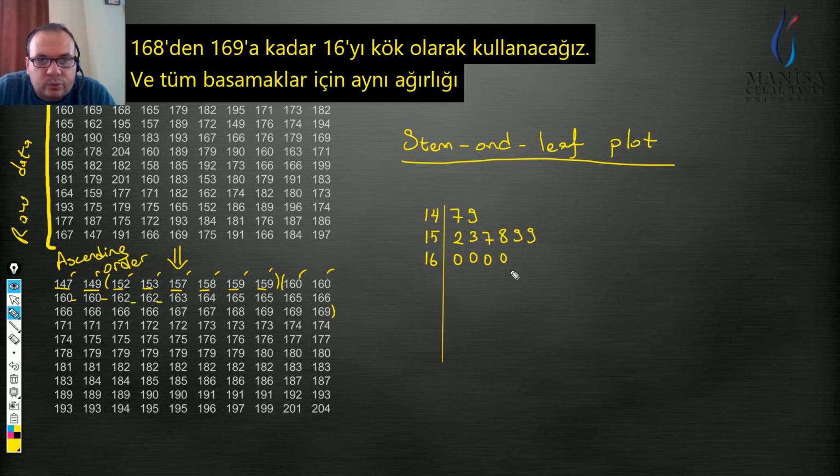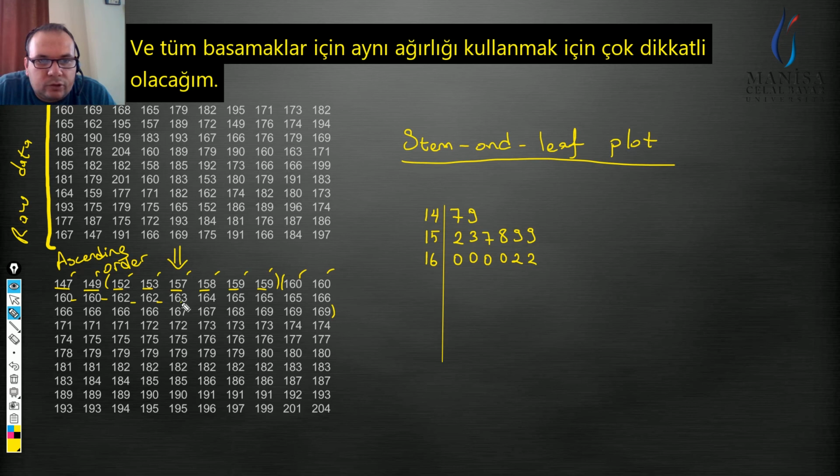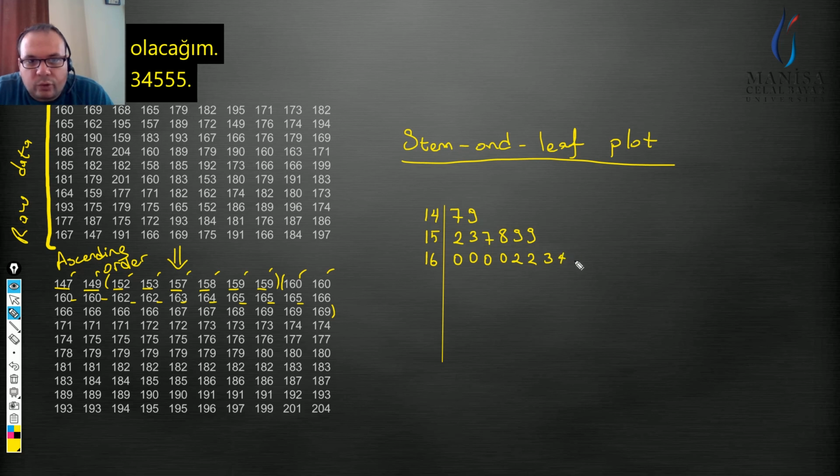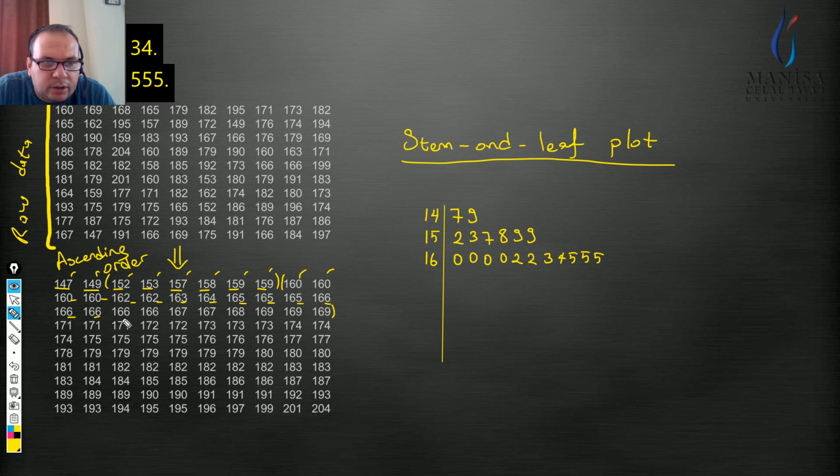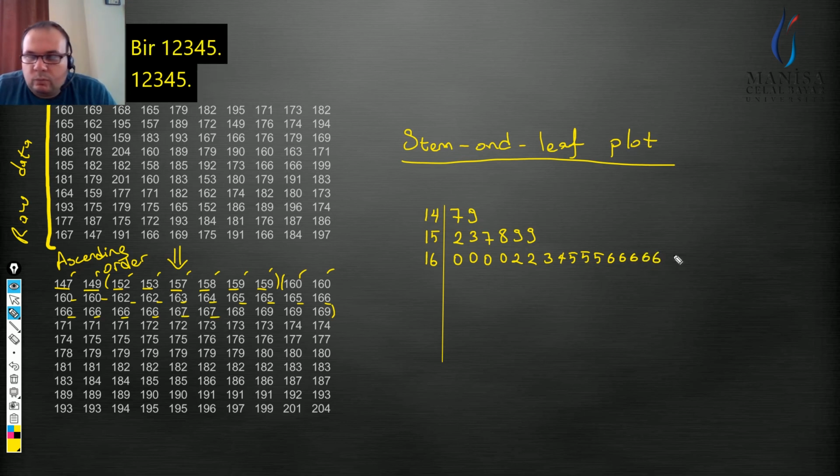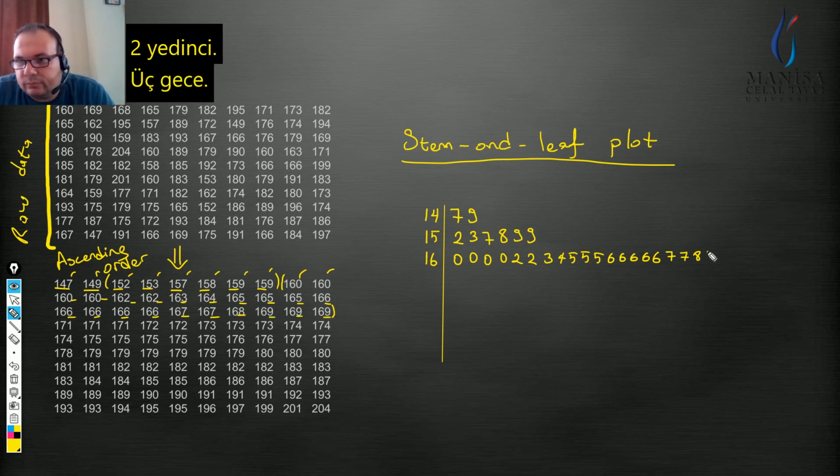Then we have 2 twos, 3, 4, 5, 5, 5, then 2 sevens, 1 eight, and 3 nines, like this one. Okay, now it's time for the 17s.